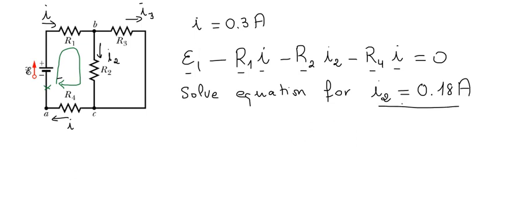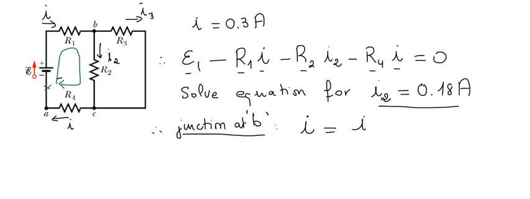Now, once you get that, we will use the junction rule at point B. How can I write the junction rule at point B? The current entering is I, and the current coming out is I2 and I3.